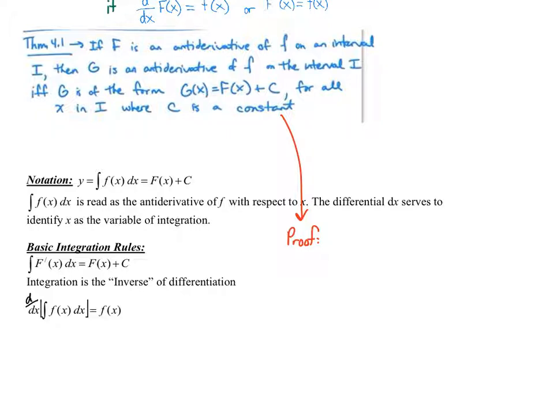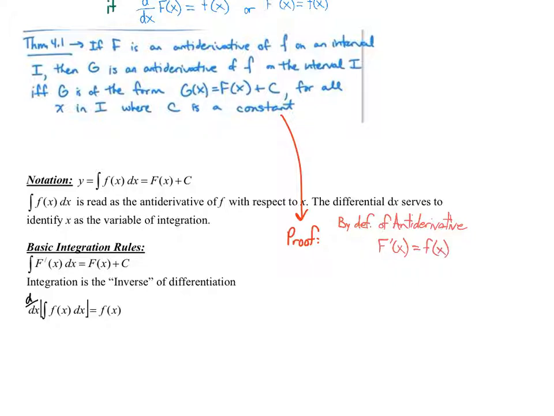Alright, so to prove this, the first thing that I'm going to say is, by definition of an antiderivative that we just saw, the derivative of F, capital F prime of x, equals what? f of x.